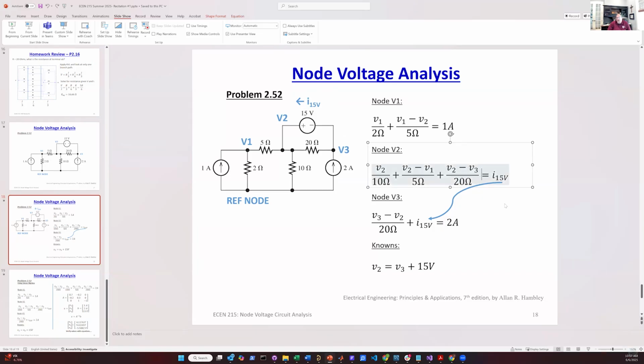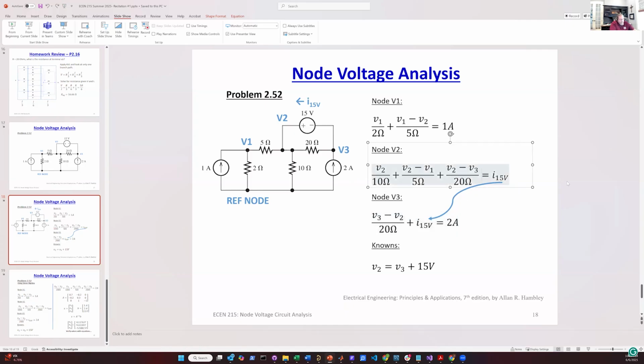So again, this would be minus I15 equals 0. Put it on the other side. So the same thing again for node 3, V3 minus V2 over 20. So it's literally this exact term just flipped. And then instead of this being minus I15, it is plus I15 here.